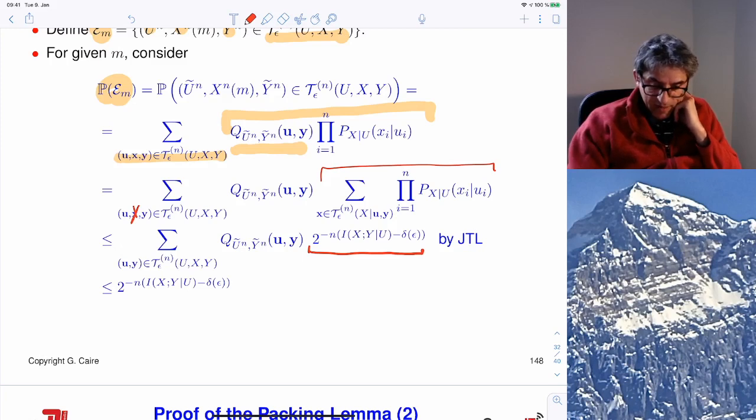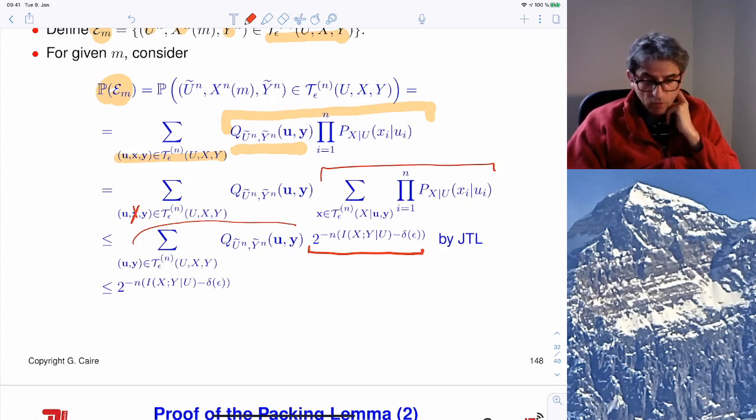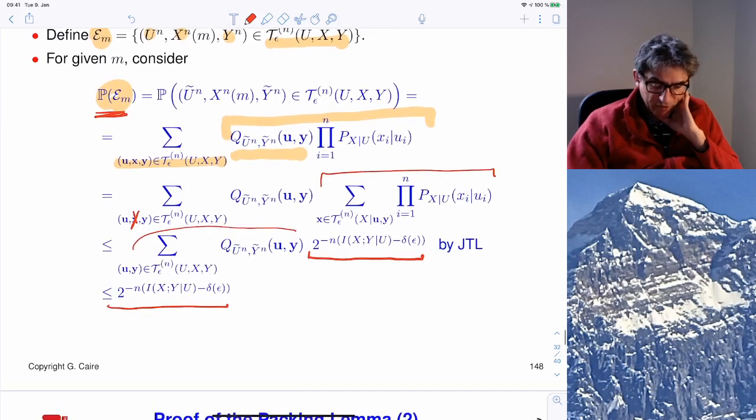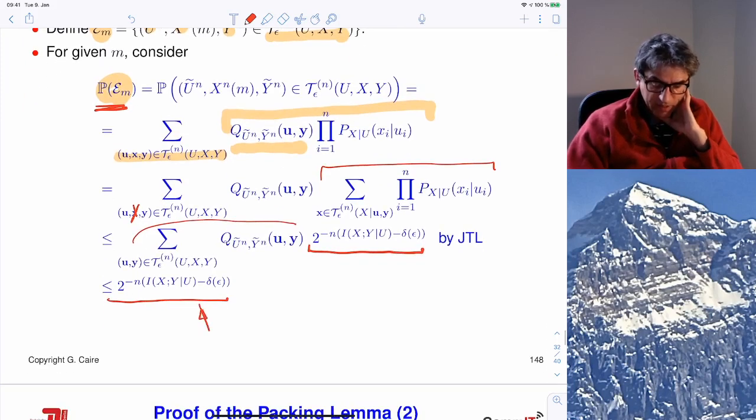And then this is a common term, it can go outside, and then here we have just the sum over a subset of the possible u and y of their probability. This sum is at most 1 because we are summing a probability mass function, and therefore this will be the overall upper bound. So this says that the probability of this event for every m is upper bounded by the same quantity.